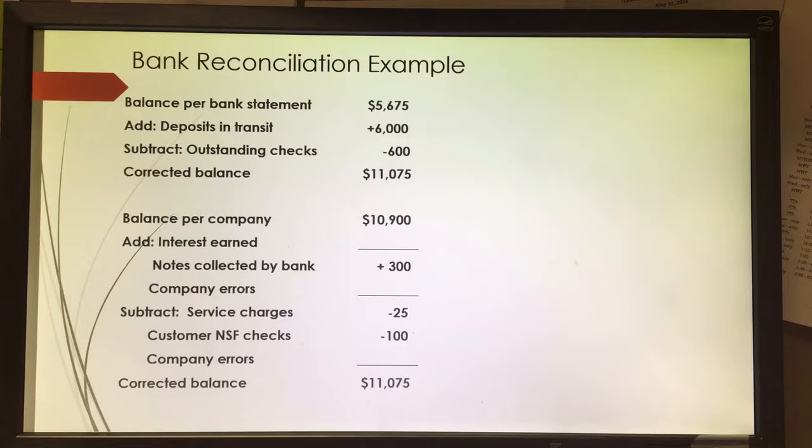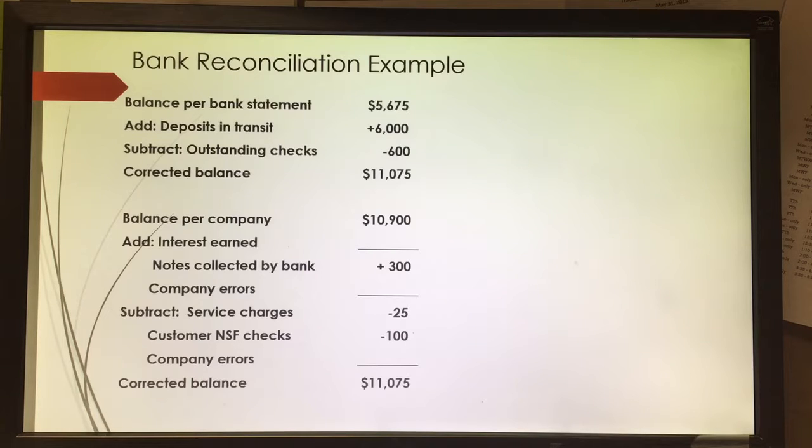Service charges, $25 deducted, and this customer NSF check for $100. Those represent three reconciling items. Once we take those into consideration, we find that the corrected balance is $11,075. So it matches the corrected balance of the bank, so we've been able to adequately reconcile the bank's records to the company records. So we're in good shape there.